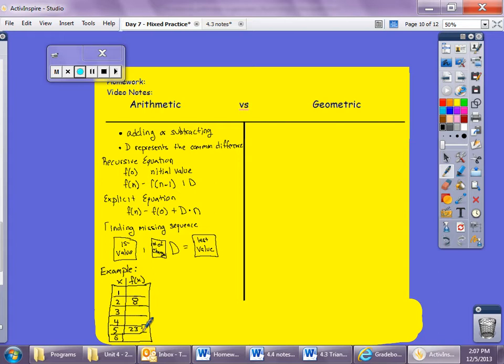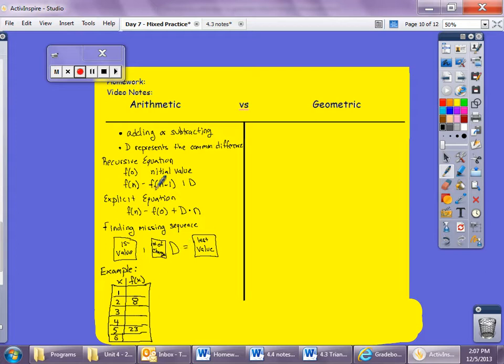So what we need to do is find all of these: our recursive equation, our explicit equation, and the missing values. We have to start by finding the missing values first to find d. Then we can get our recursive equation, which will give us our explicit equation.